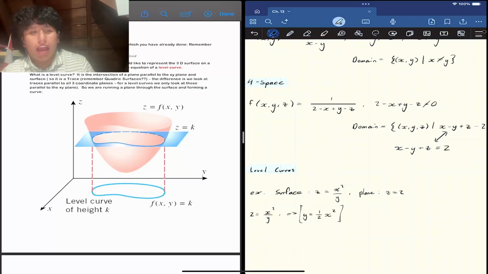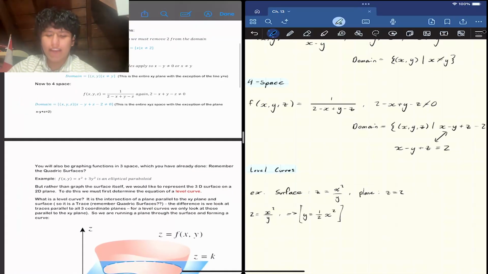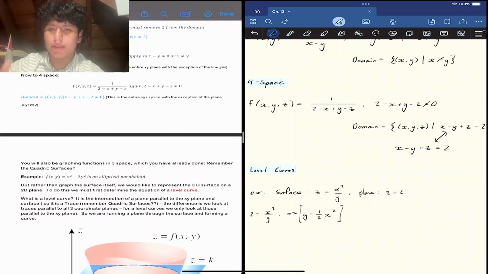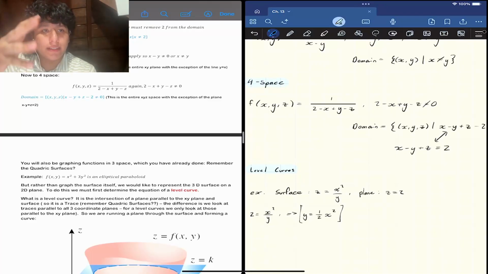On a more graphical representation, it would be the entire xyz space with the exception of that plane, x minus y plus z equals 2. So every value that's not in that plane, I'm assuming, right? With the exception of that plane. That's because that's a singular plane. Yeah.